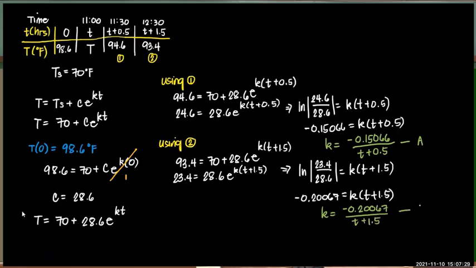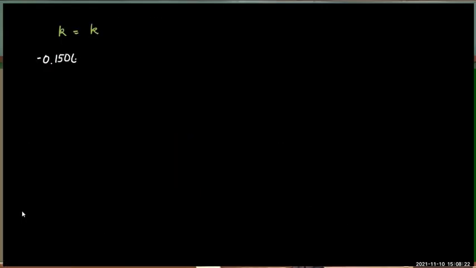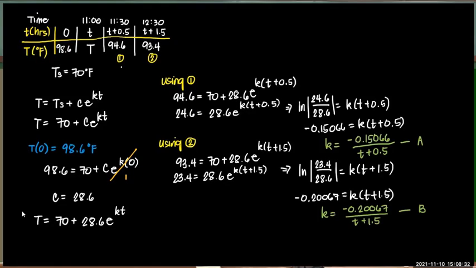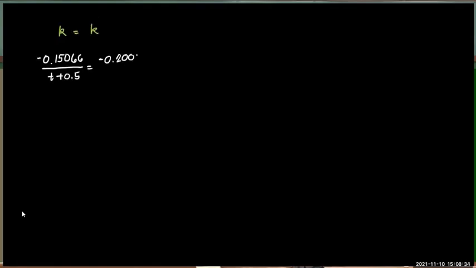Let's call this A and this B. Equating them: negative 0.15066 over t plus 0.5 equals negative 0.20067 over t plus 1.5. Solving, t is 2.51.